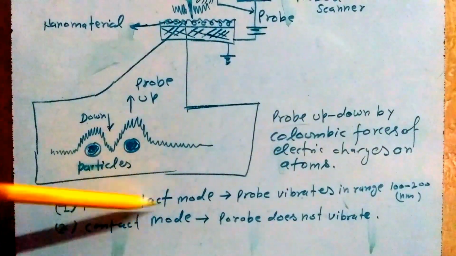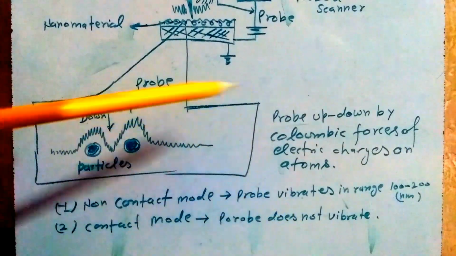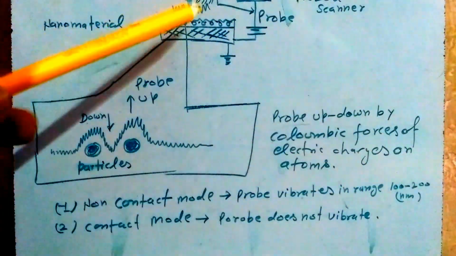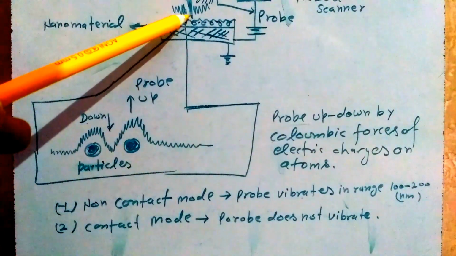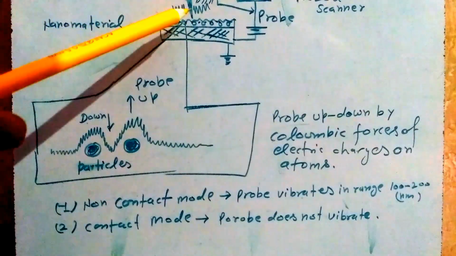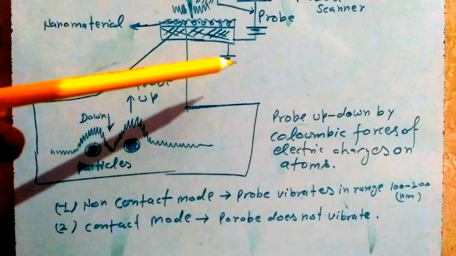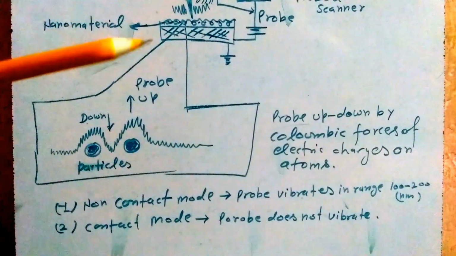The probe is in the non-contact mode if it is vibrating, and the vibration range is around 100 to 200 nanometers. The gap between the tip of the probe and the surface of the nanomaterial is just under the range of 100 to 200 nanometers.